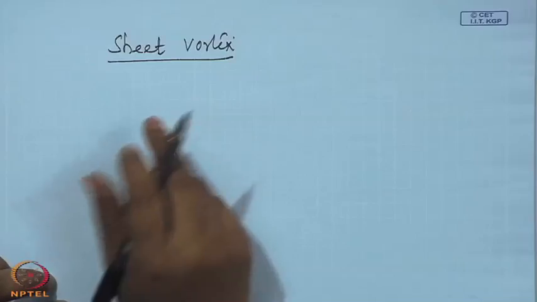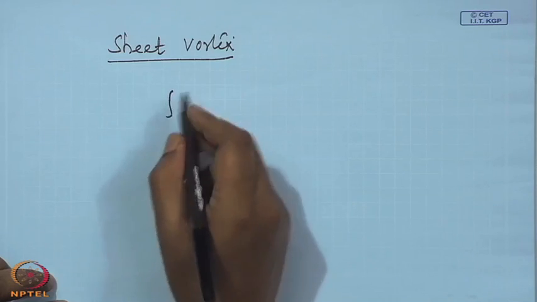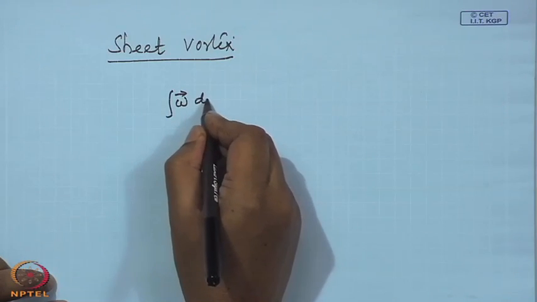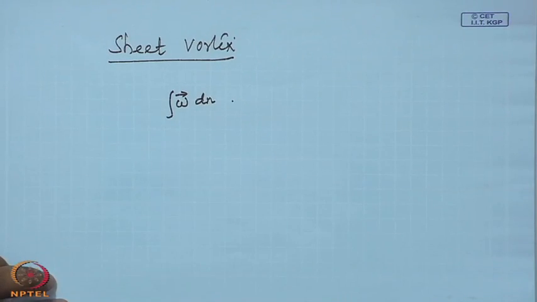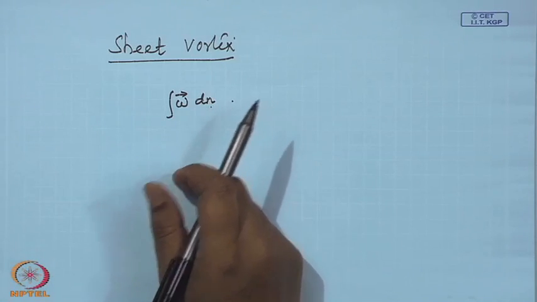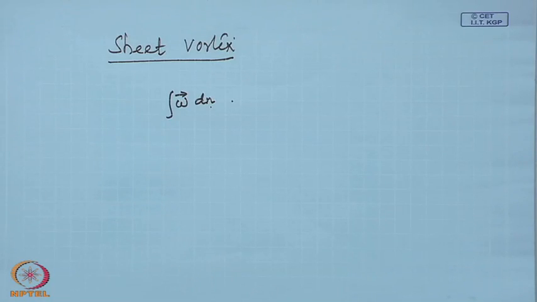Now, in this case we will define the strength of this vortex sheet by this simple integration, where dn is the distance normal to the sheet, and we may think that this integration is carried out over an infinitesimal distance.